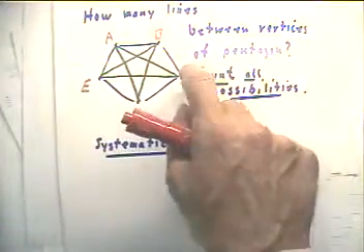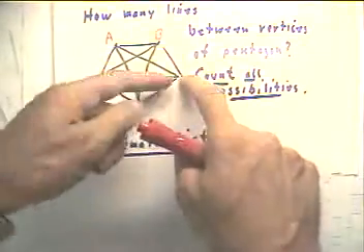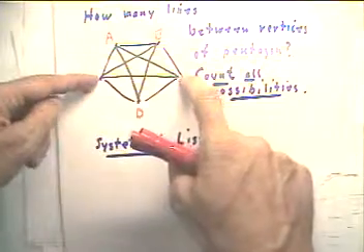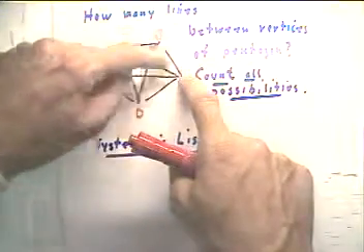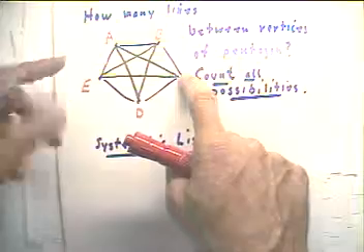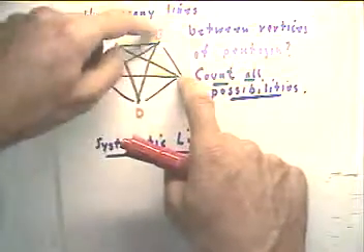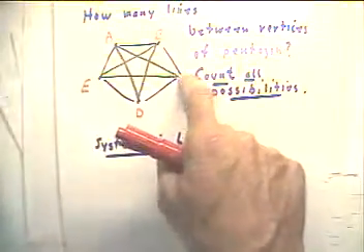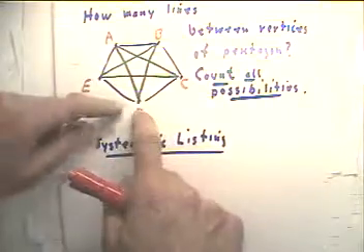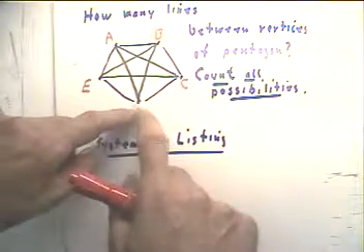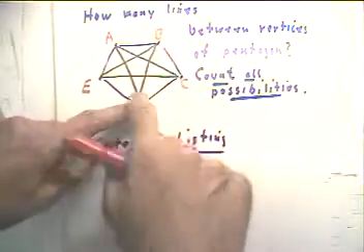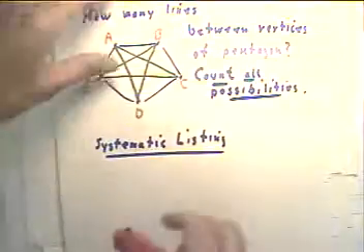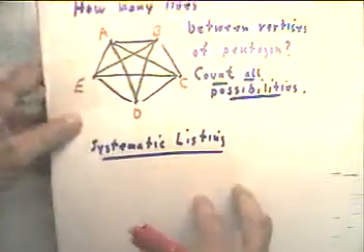If we then go to C, we'll have CD and CE. Again, we won't count CB or CA because we've already counted AC and BC, which are the same lines. Then from D, well, we're only going to count DE because we've already counted this line, and this line. That's nice and systematic.